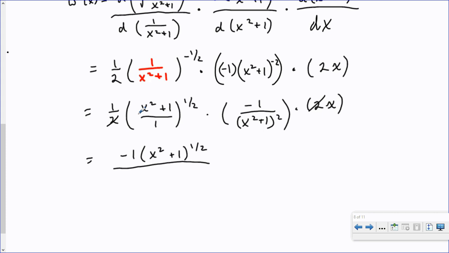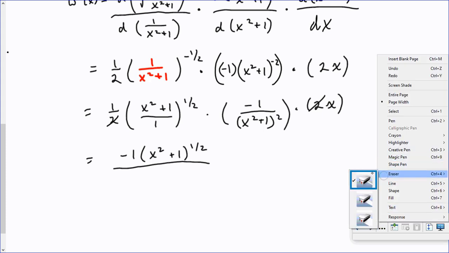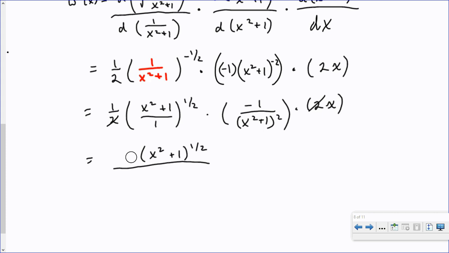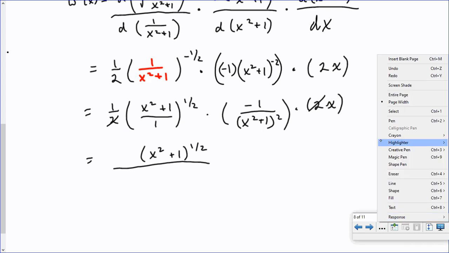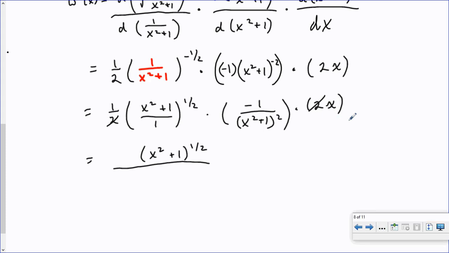I'm sorry, I should have had an x in here, so let me put that. And then I've got x squared plus 1 squared here in the denominator. Now I can even go further, right?